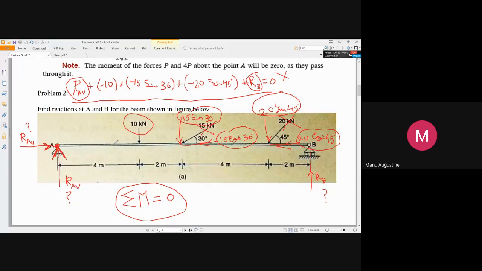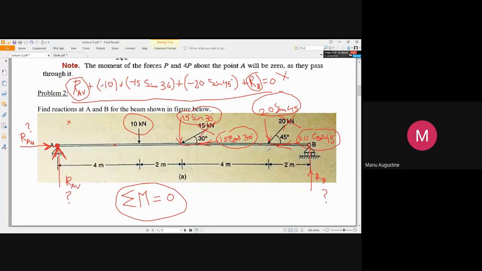कोई दूसरा कहता है कि नहीं मेरे को ये वाला पॉइंट पसंद है, मैं ये पॉइंट लूंगा. कोई तीसरा कहता है कि नहीं साहब मेरे को तो इस बीम के ऊपर ही पॉइंट नहीं चाहिए, मैं तो यहाँ पे हवा में लूंगा एक पॉइंट. ले लो, कोई दिक्कत नहीं है. कोई कहता है मैं बी पे लूंगा, कोई कहता है मैं यहाँ पे लूंगा. The point is, you can take the point for calculating moments as any point in the plane.